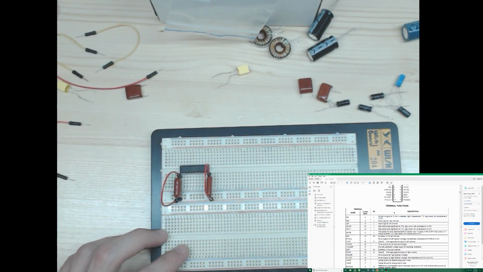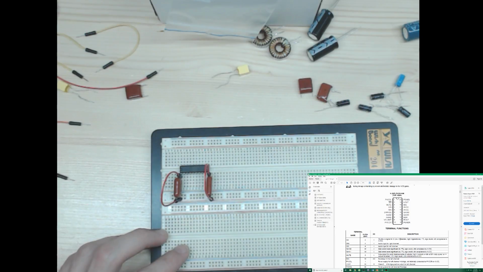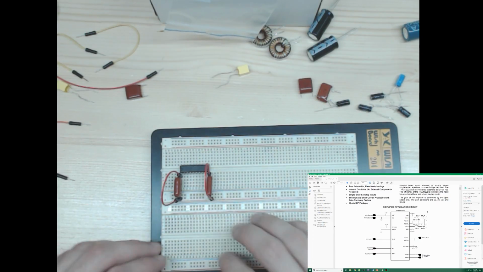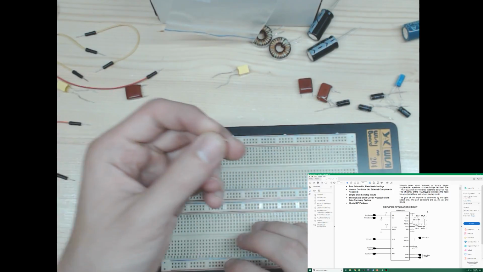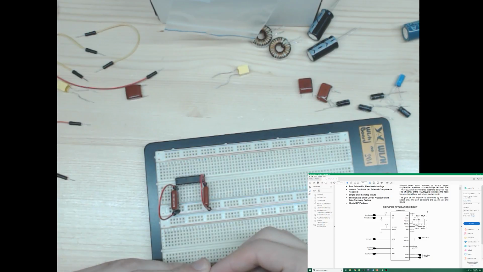So this, because it's active low, we want it to be operational. Therefore, we will take a jumper wire like this and place it high.